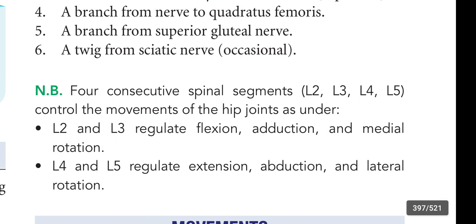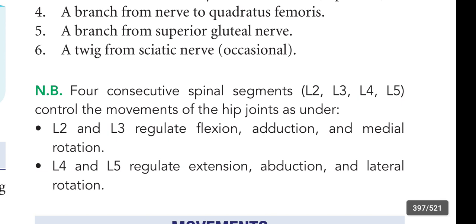That means L2, L3 cause closing movements, movements toward the center of the body.